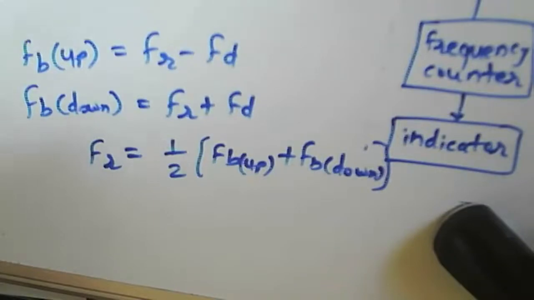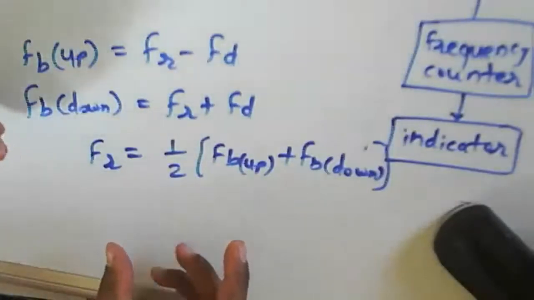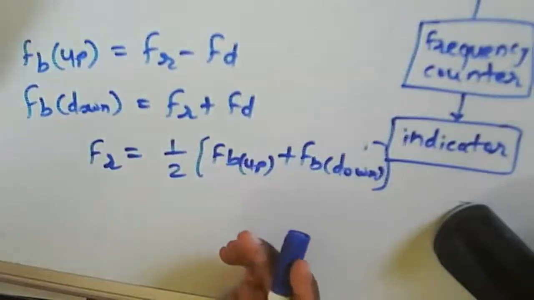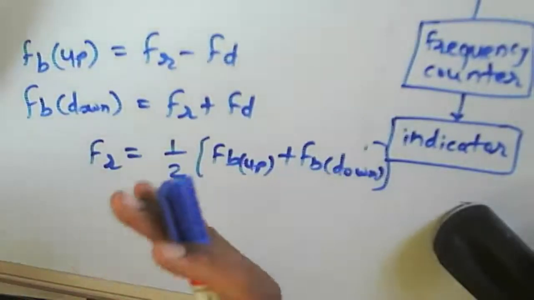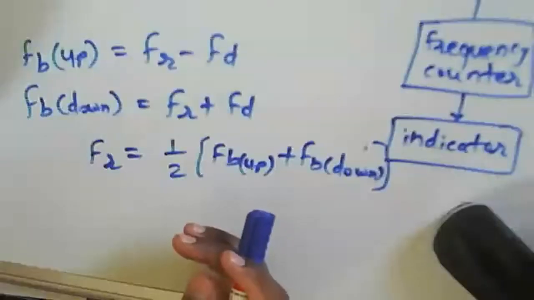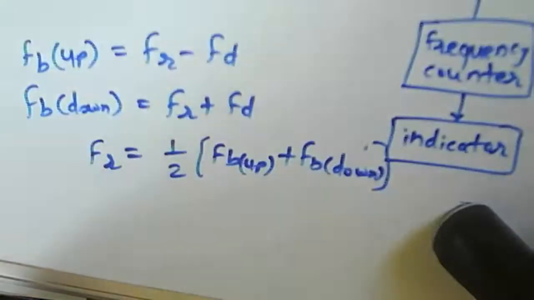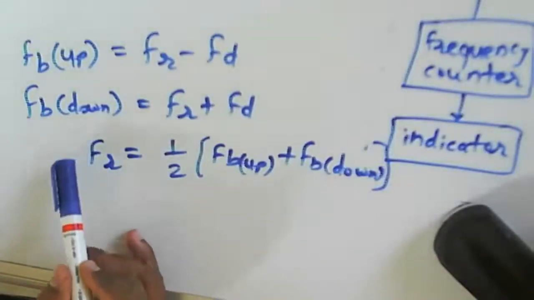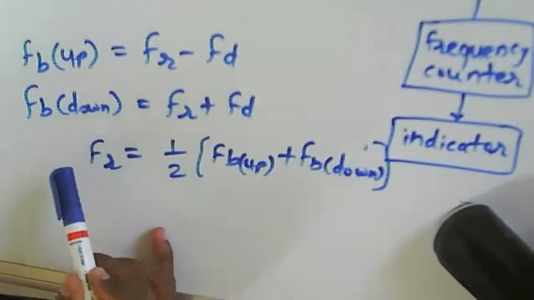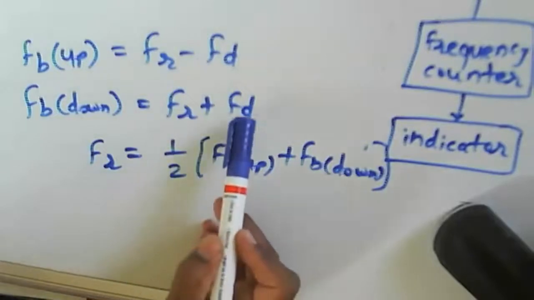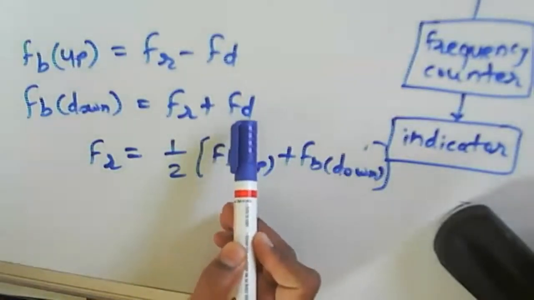So here we consider what will be the velocity of the object, whether the object is moving toward the radar or away from the radar. According to that, there will be a difference in the frequency there. And we consider Fr and Fd here, again the range frequency and the Doppler frequency.